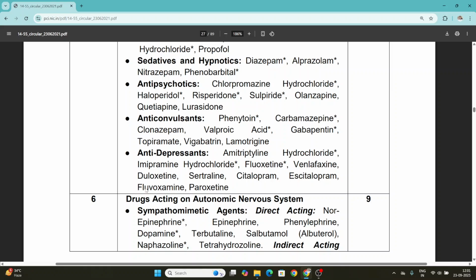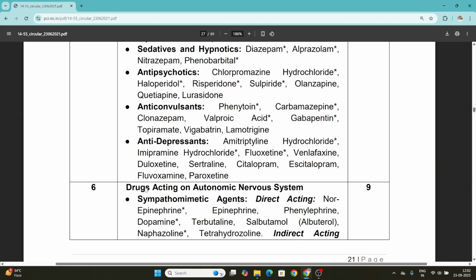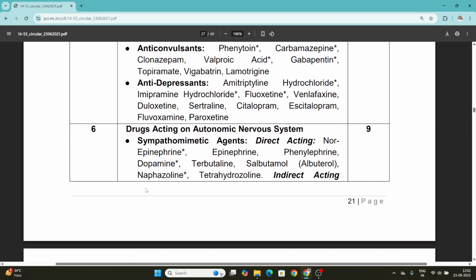Antidepressants: amitriptyline hydrochloride, imipramine hydrochloride, fluoxetine, venlafaxine, duloxetine, sertraline, citalopram, escitalopram, fluvoxamine, paroxetine. Now chapter 6: drugs acting on autonomic nervous system.